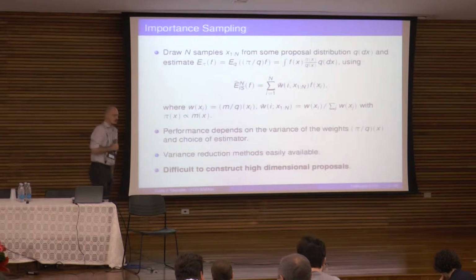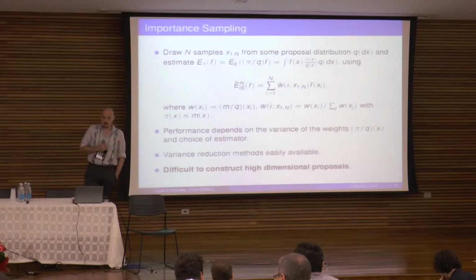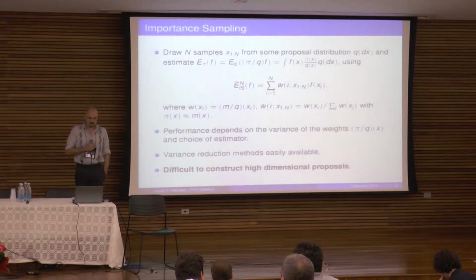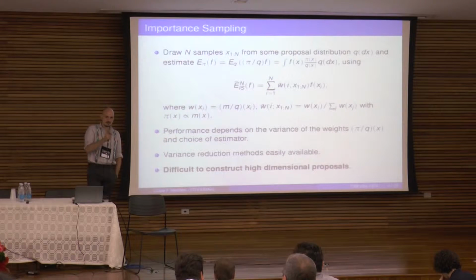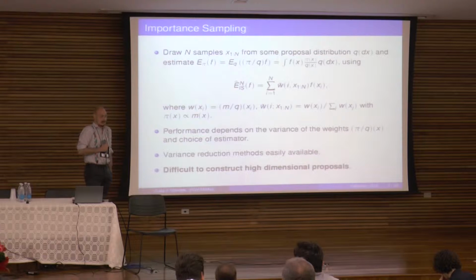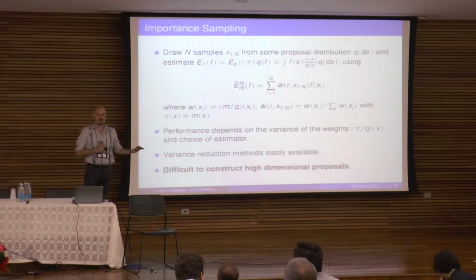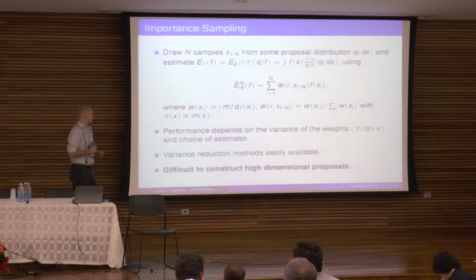Well, the performance of these methods depends heavily on the variance of the weights, and there's a lot of work on reducing the variance, and some very, very smart people working on these methods. I can see one of them here, I believe. And it's amazing. I think importance samplers, when they work, are amazing. But constructing proposals can be challenging. But we can apply variance reduction techniques.